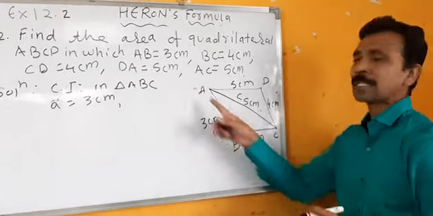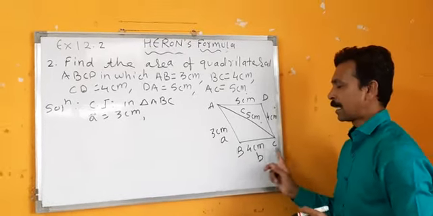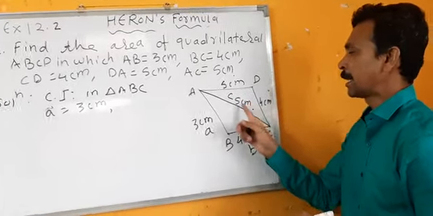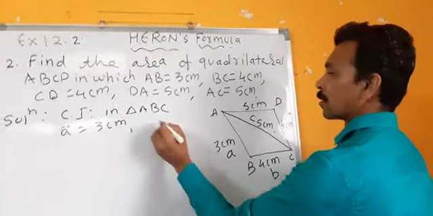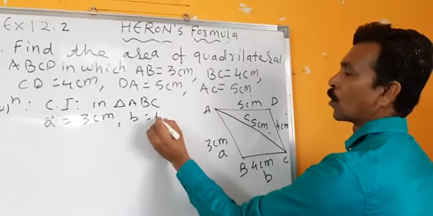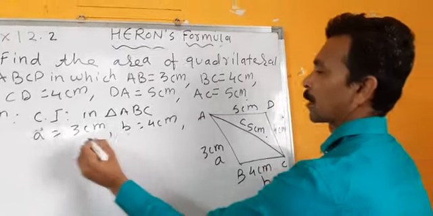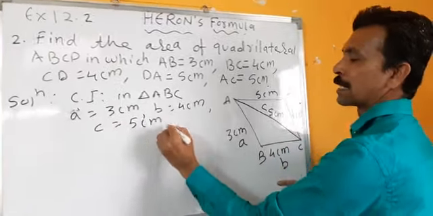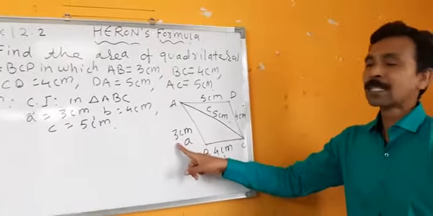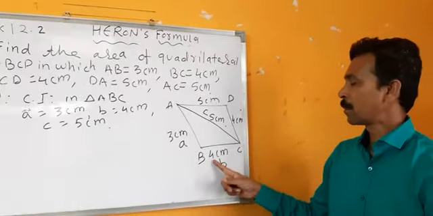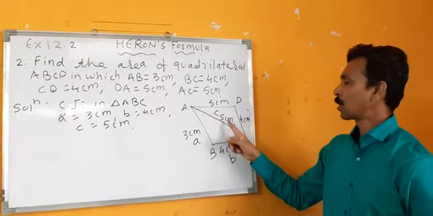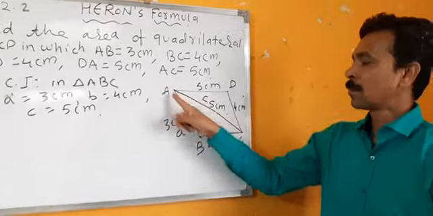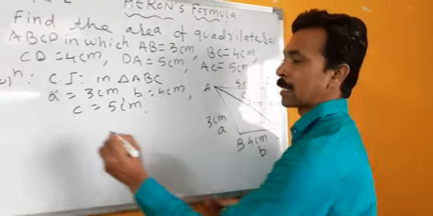Here small a is AB, small b is BC and small c is AC. b is equal to 4 cm and c is equal to 5 cm. Small a is 3 cm, small b is 4 cm, small c is 5 cm. Why? Because we are taking triangle ABC.